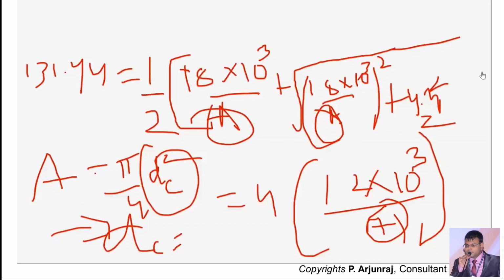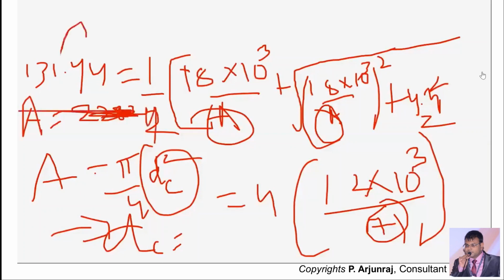So the answer here is, I'm going directly for an answer. The area is going to be 228.24 as per the solution given in the book, and with this you can calculate the core diameter of the bolt, which is going to be, sorry, not that.